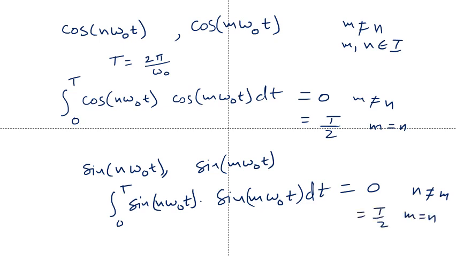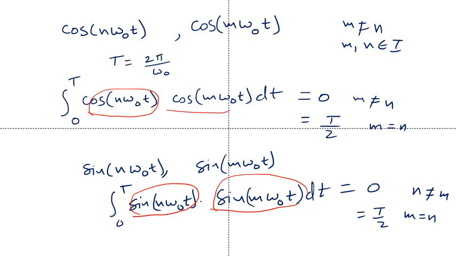So these two signals are orthogonal to each other, as we also saw for the cosine signals.